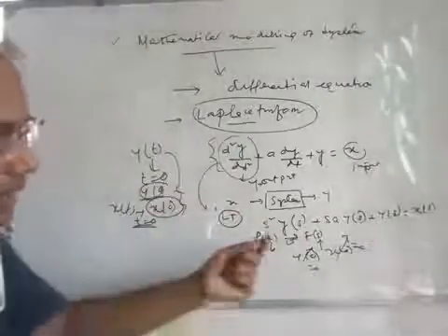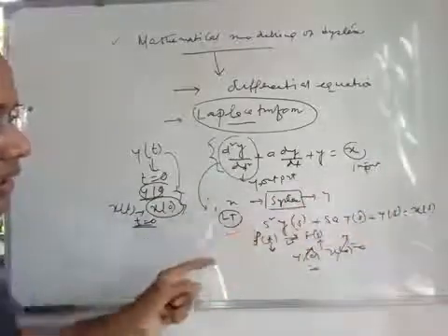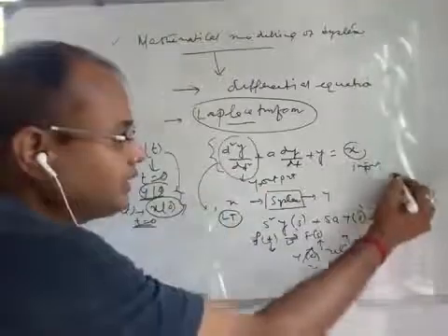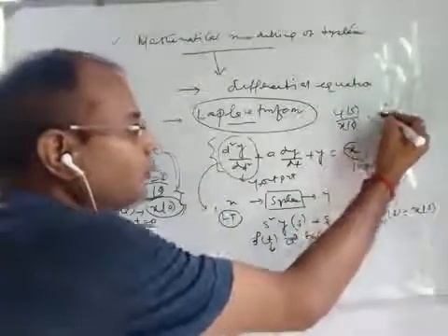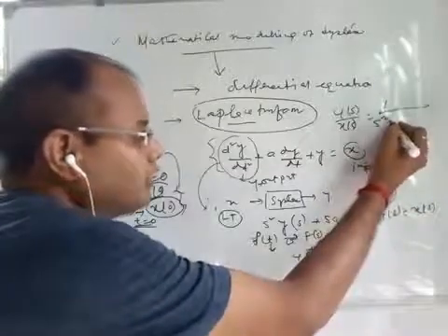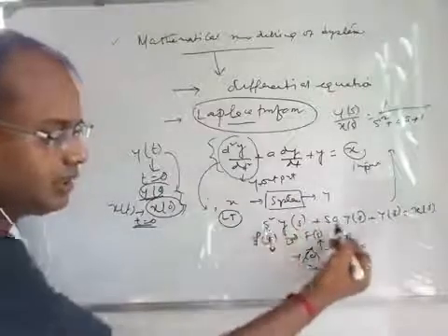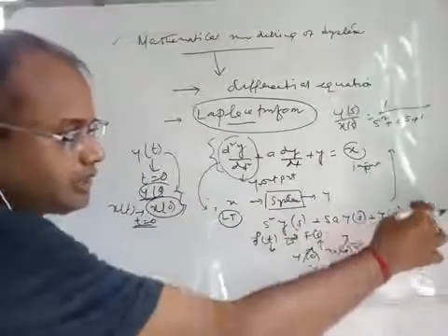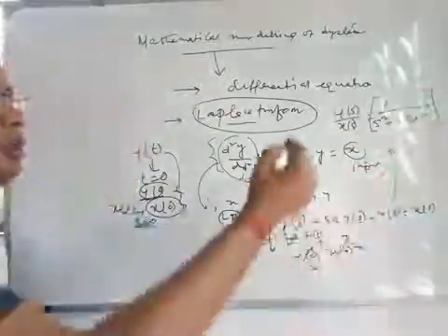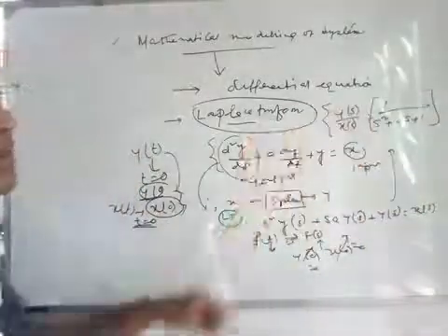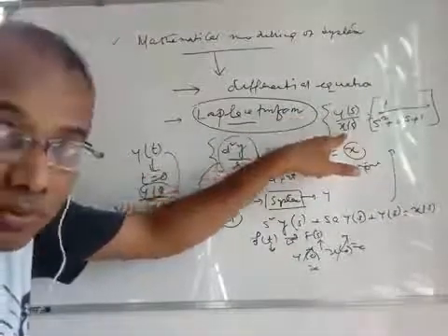So what will we get? We will get Y(s) by X(s). From this mathematical representation, you can write it like Y(s) by X(s) equals 1 by s square plus a s plus 1, right? Just (s square plus a s plus 1) multiplied by Y(s) is equal to X(s). So Y(s) by X(s) will give you this. So what we are getting is the Laplace transform of the output variable divided by the Laplace transform of the input variable, right?